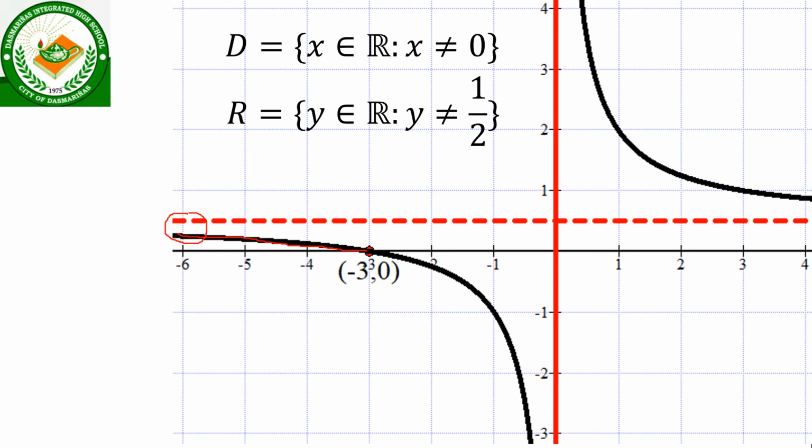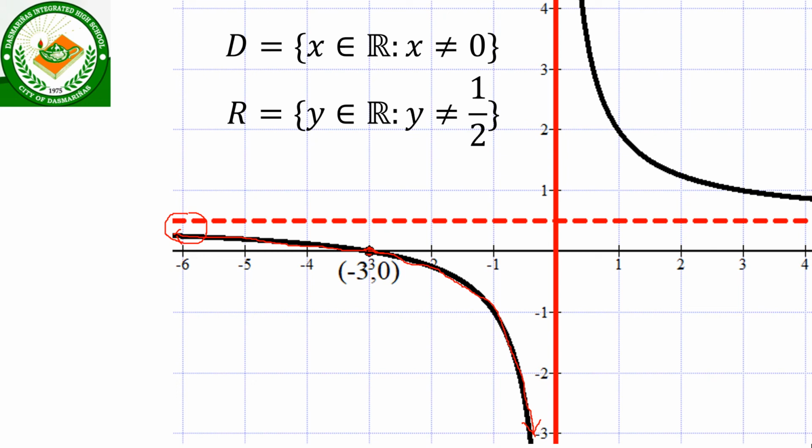Now, since we obtained a negative sign for the second interval, negative 3 to 0, the graph falls below the x-axis. And as it approaches x equals 0, the vertical asymptote, it will never intersect x equals 0, since it is a vertical asymptote.